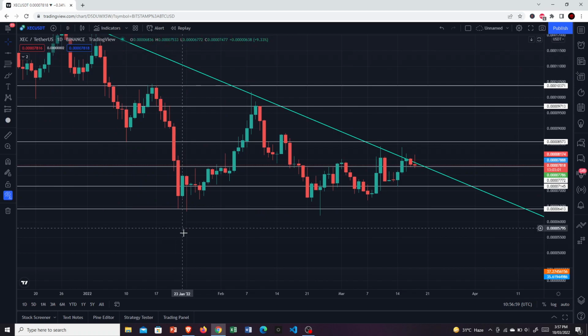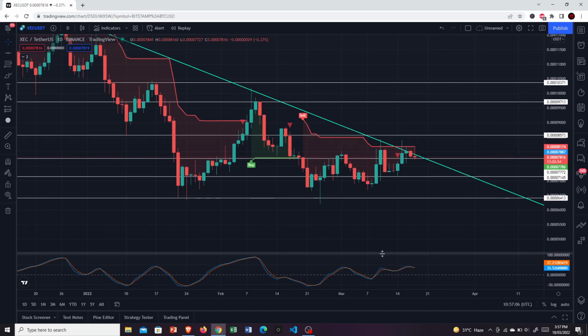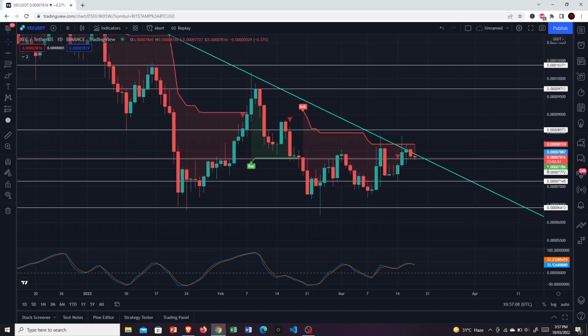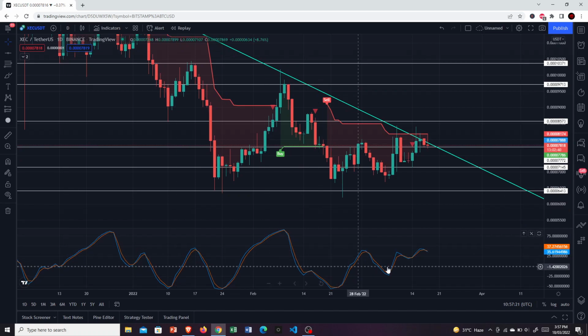Let's look at the indicators and what the indicator signifies. So Super Trend has already given me a sell signal. As you guys can see, we retested this Super Trend line of resistance and we are coming down, and I'm using this TSI MACD and it's pointing downwards over here.